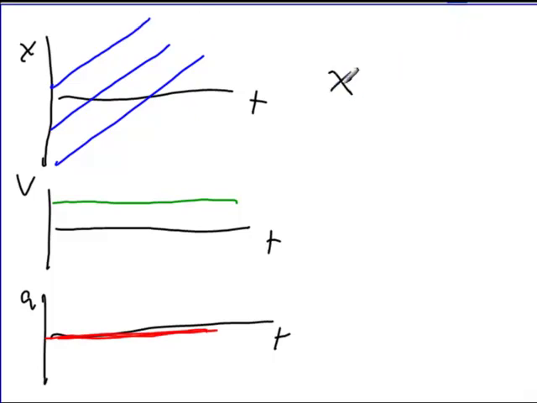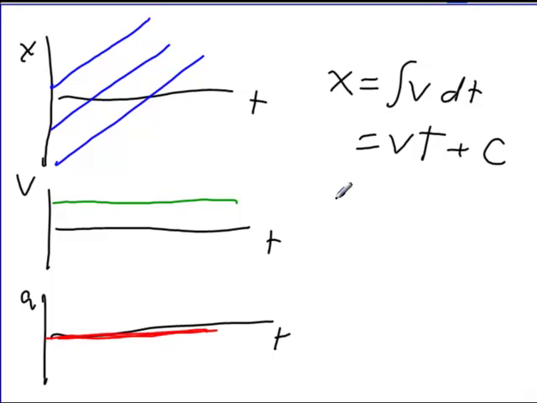Then the position equals the integral of the velocity with respect to time. If I integrate that, velocity is just a constant, so that stays there. The integral of dt is just time. And then I need to put plus c. Well, this plus c simply tells me, where am I at the beginning? If I were to put in time t equals 0, I would say x of 0 equals v times 0 plus c.